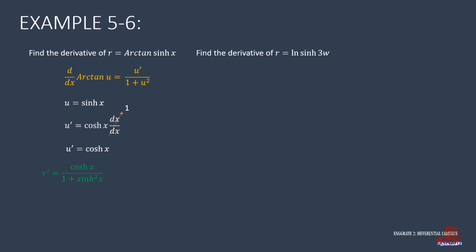Another example has r equal to the ln of the hyperbolic sine of 3w, which is a logarithmic function. So, the rule to use is u prime over u, whereby u is hyperbolic sine of 3w, and its prime is hyperbolic cosine of 3w times the derivative of 3w, and this can be reduced to 3 multiplied by the hyperbolic cosine of 3w.